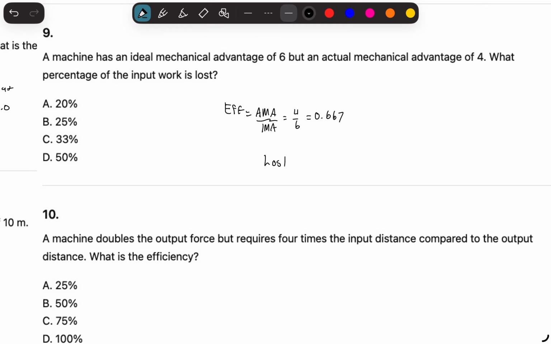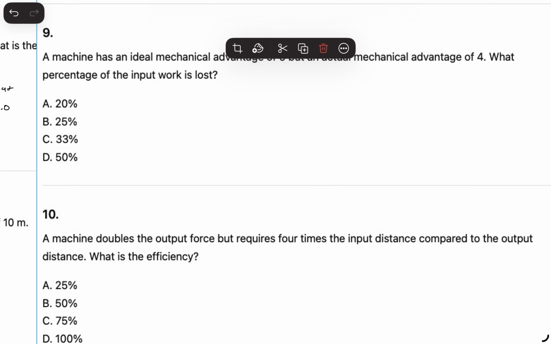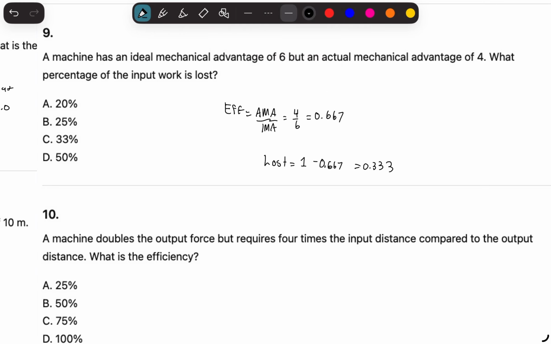To find your loss, you're going to set that equal to 1 minus 0.667, and that's equal to 0.333 approximately. Or this is our exact value, because we just use our exact fractions. So this is going to be 33%, which is going to be option C.